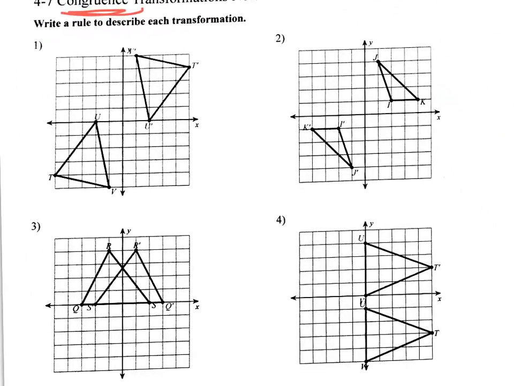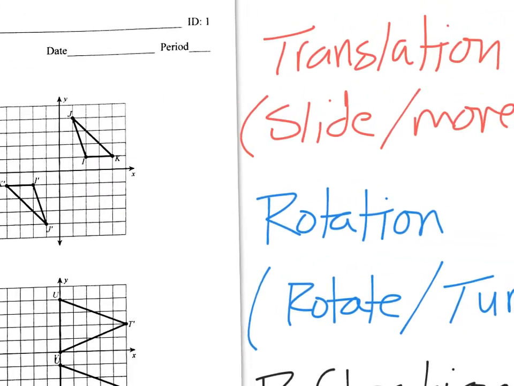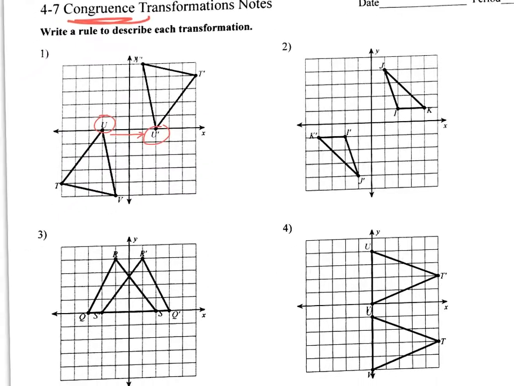So when we look at a picture, the first thing we want to look at are the letters that correspond. So here we look at U, that's the original point, and then we call this U prime, or U with an apostrophe. So what's happened? Well, it looks like it's been slid. If you slide something, we go back over here to the side, that would be a translation.